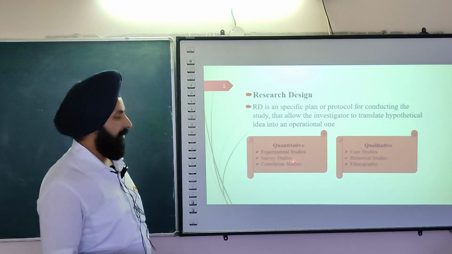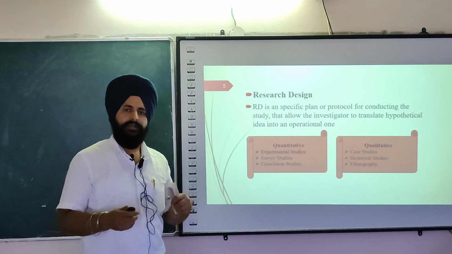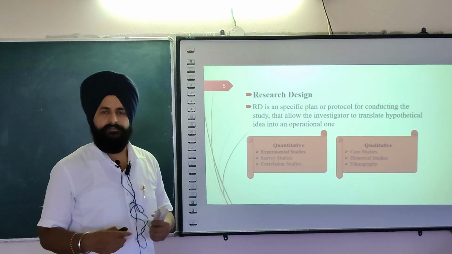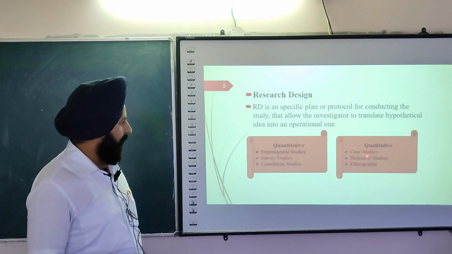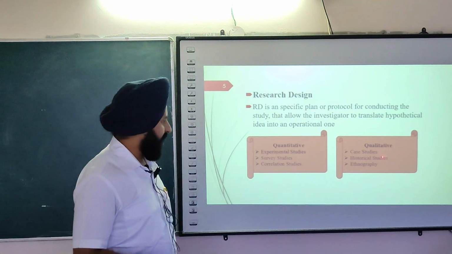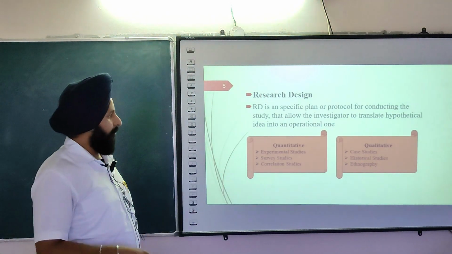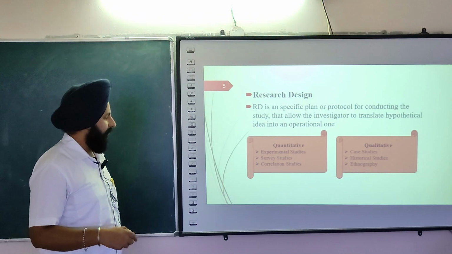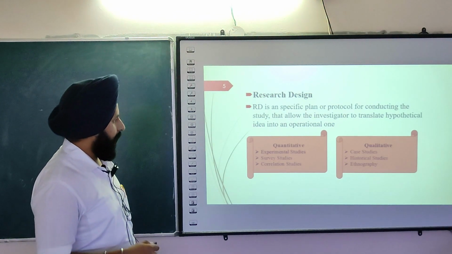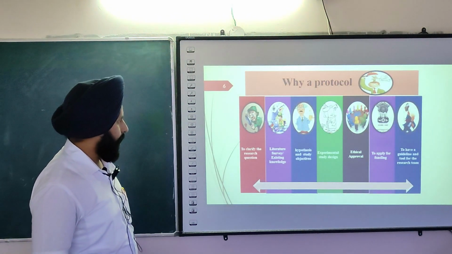Whenever you correlate things, one parameter is correlated with another. And the qualitative studies are case studies, historical studies, and ethnographies. So these are both the quantitative and qualitative means of study that a researcher does.